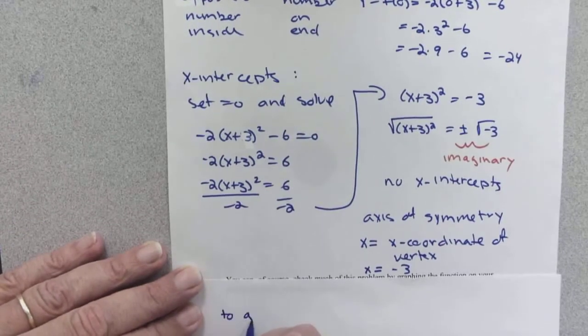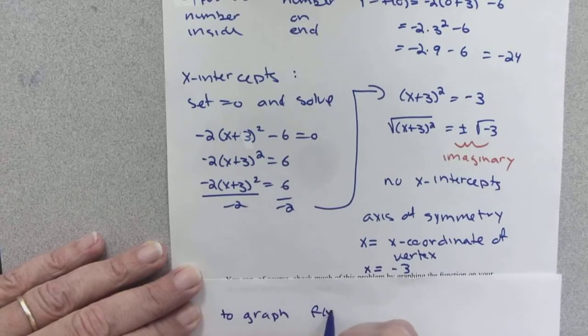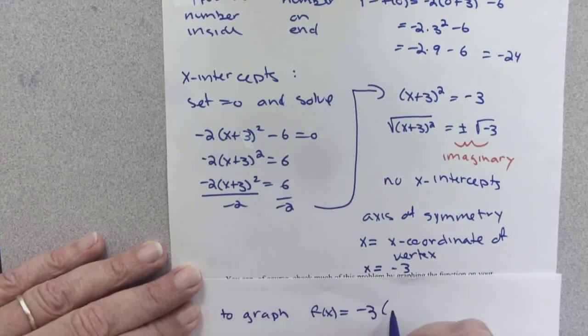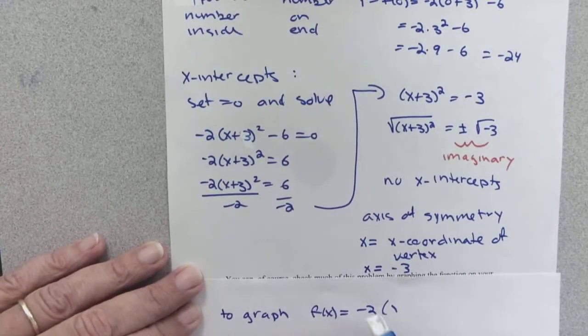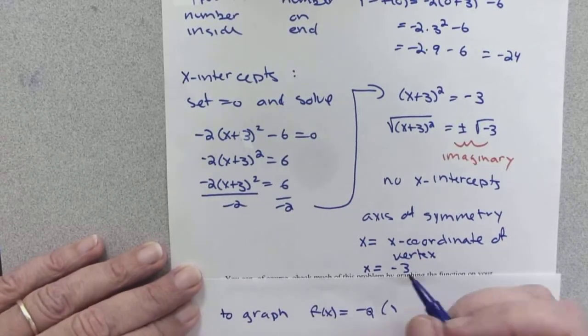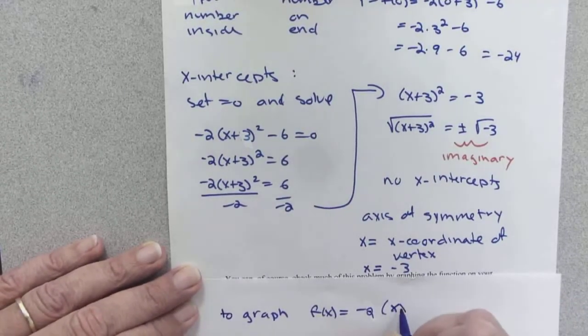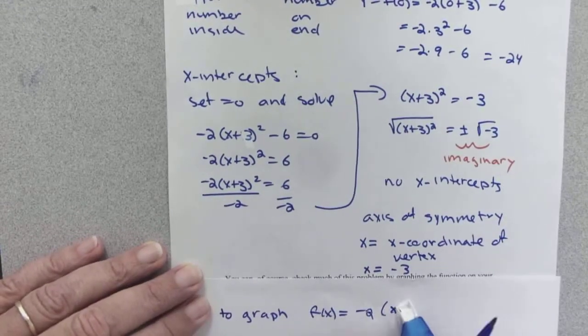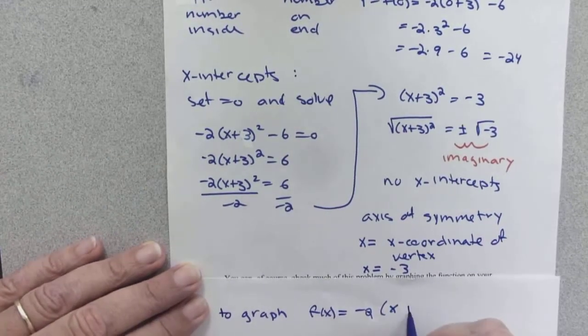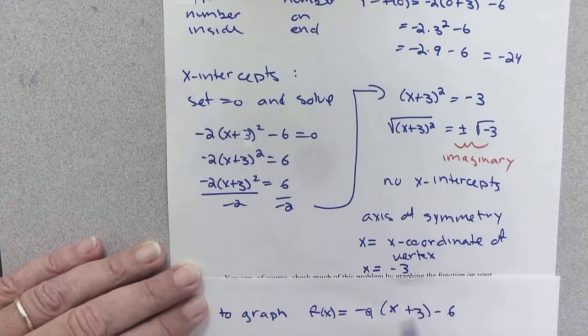Okay, so now graphing this guy. To graph. And we have f of x equals -2. Didn't write -2 there, I wrote 3. We have -2 times x plus 3 quantity squared minus 6.